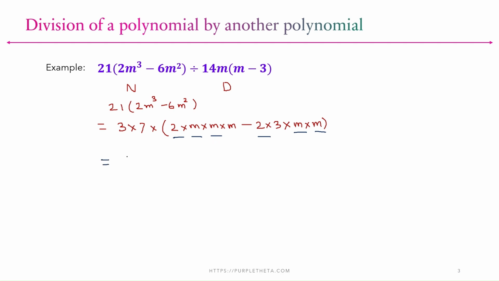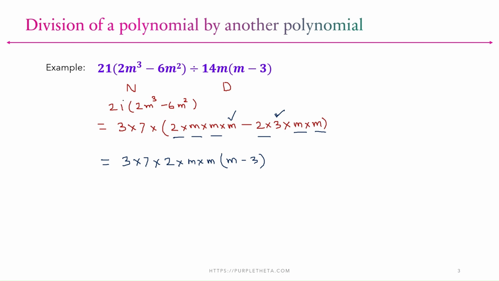This is equal to 3 multiplied by 7 we already have, multiplied by, I am taking 2 multiplied by m out, 2 multiplied by m, right? And in the bracket what we have remaining is m from the first term minus 3 from the second term, right? m minus 3, bracket close. So this is what we get when we solve the numerator, right?